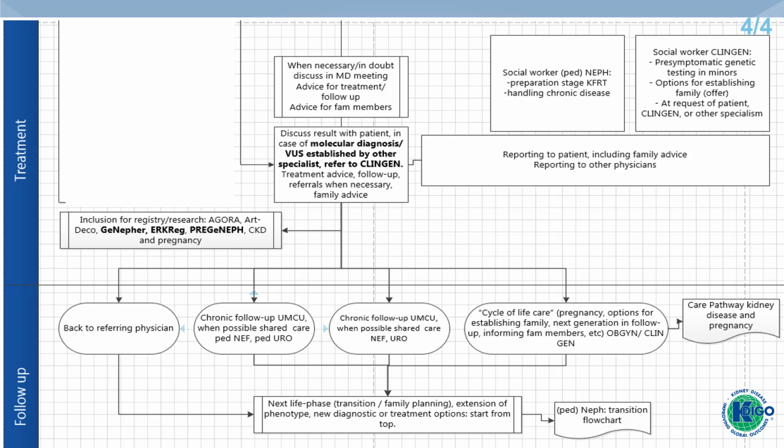Either they go back to the referring physician, or we follow them up within our pediatric center or in the adult center if they need, as I coined it, cycle-of-life care. They need to be at the OBGYN or clinical genetics somewhere. And in the end, if they transition to another phase, you can start at the top again.